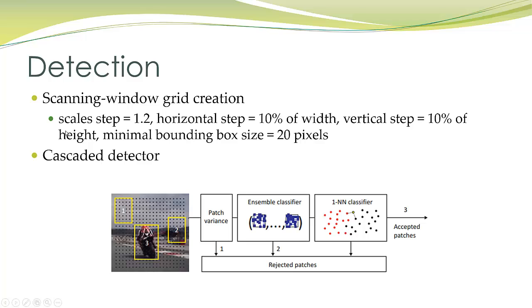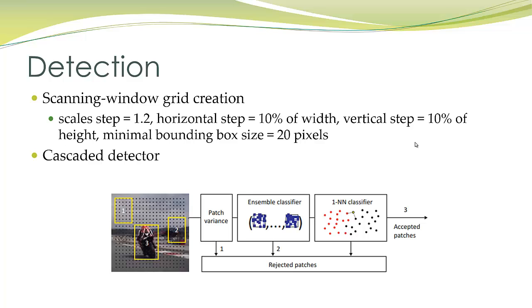For example, you can generate this scanning window with a scale step of 1.2, a horizontal step of 10% of width and a vertical step of 10% of height. And you also have to determine the minimum bounding box size, which should be larger than 20 pixels.